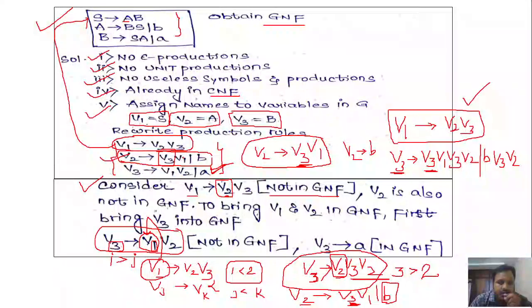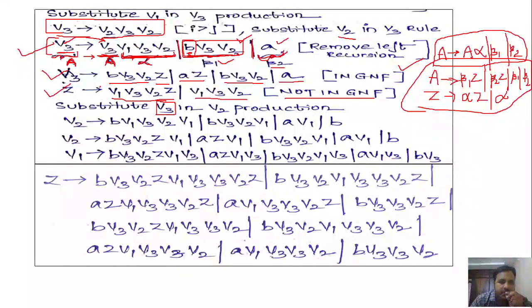So what we will do is substitute that production rule in place of V3 in the V2 rule, such that V2 will also get into GNF form. Now, what is the first V3 production that we have? V3 denotes B V3 V2 Z. So we have to set the value in the V2 rule, right?